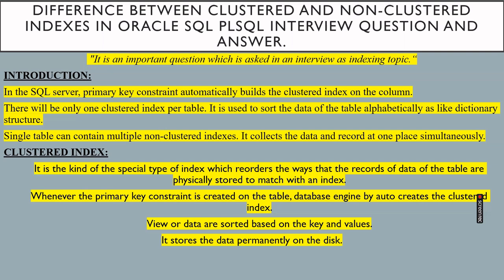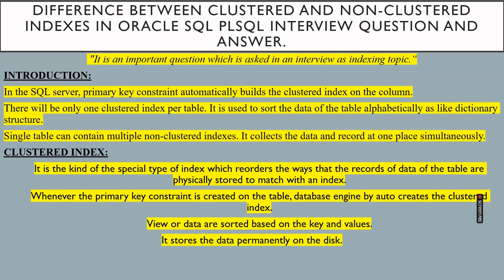Whenever a primary key constraint is created on the table, the database engine automatically creates the clustered index. The data is sorted based on the key and stored permanently on the disk.